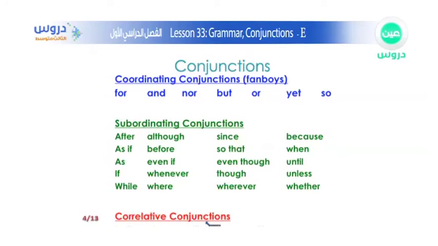The correlative conjunctions are both and, neither nor, either or, not only but, whether or not. Okay, let's go to the next.